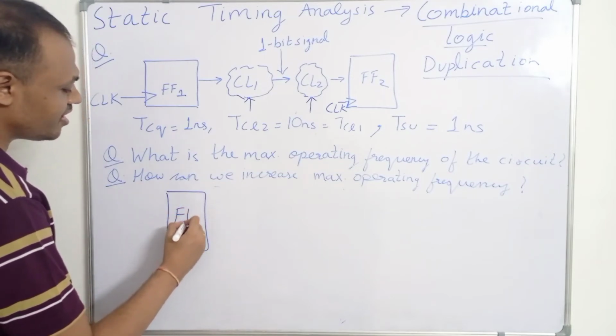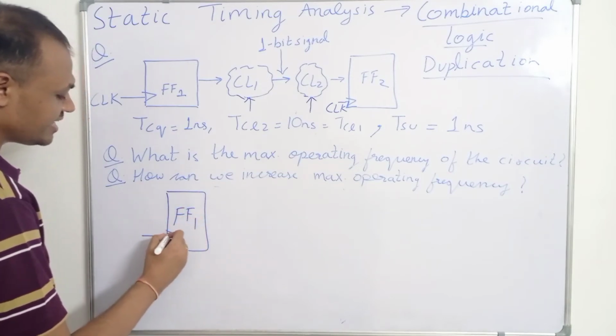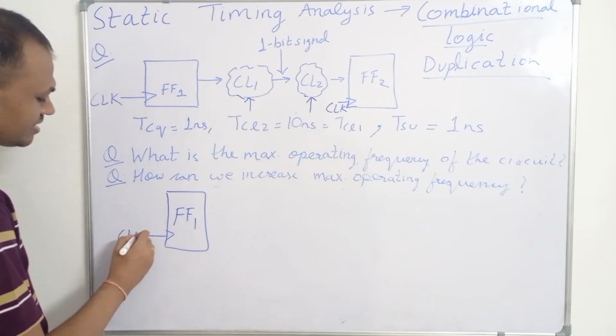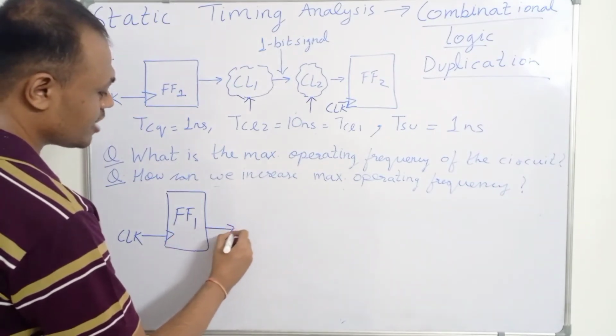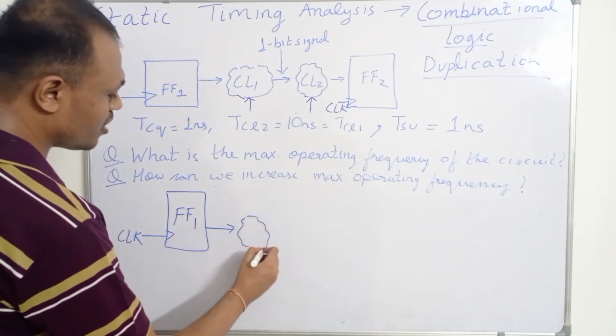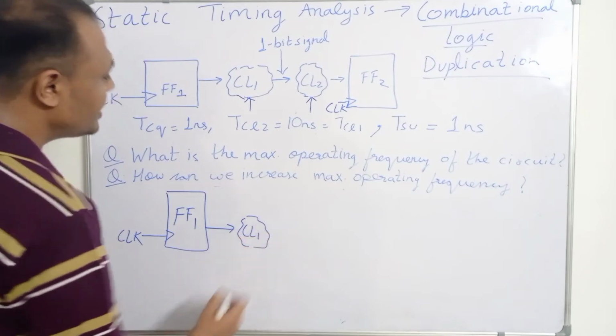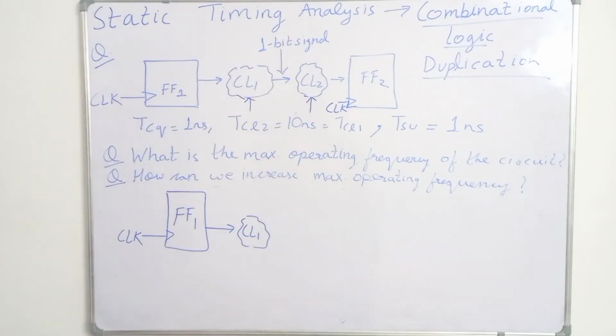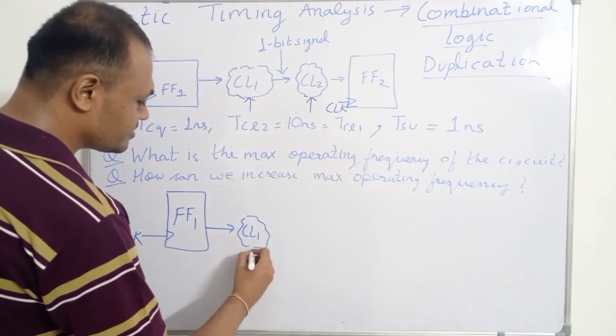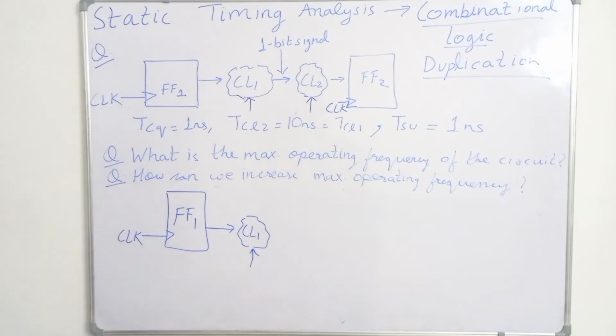So this is flip flop 1, and this is the clock signal. The output of flip flop 1 is going to combinational logic 1. Now the output of combination logic 1 will be a 1 bit signal, so it can be either 0 or 1.